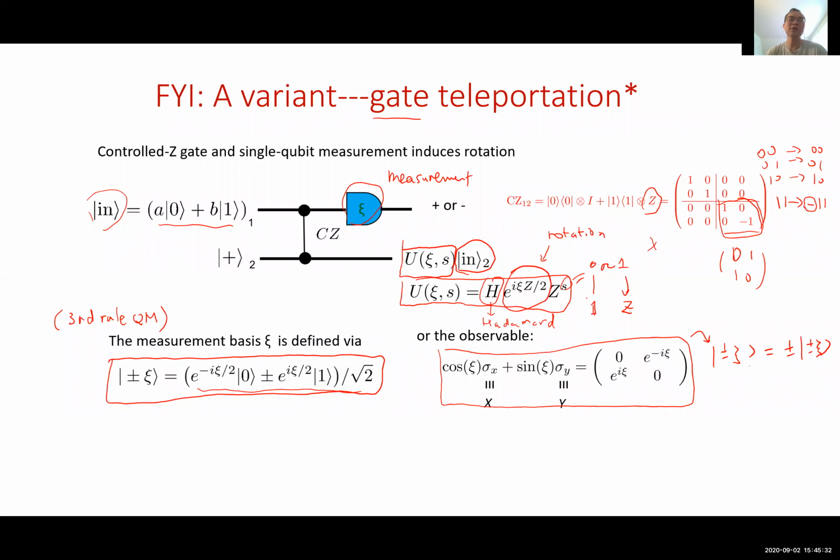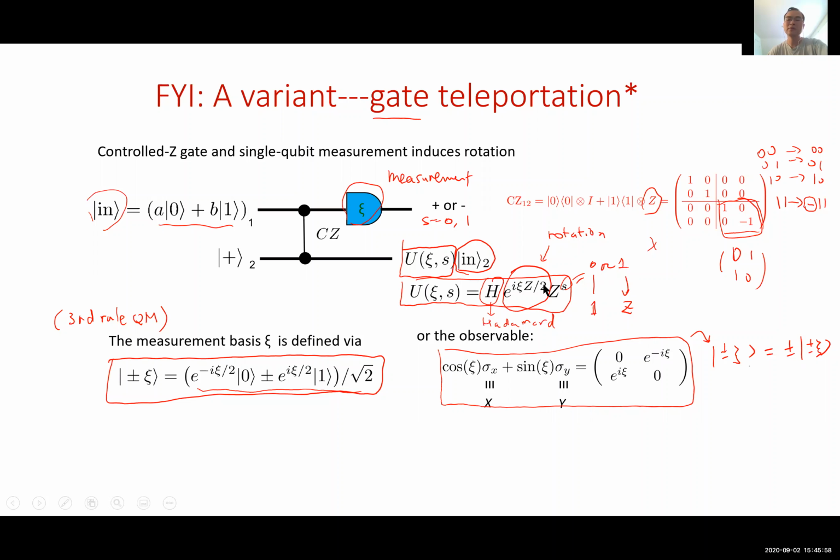But I want to show that by using this simple circuit, the information is teleported to the second qubit from the first qubit. And on top of that, there is a rotation, a rotation depending on the measurement outcome labeled by s equal to 0 or 1.